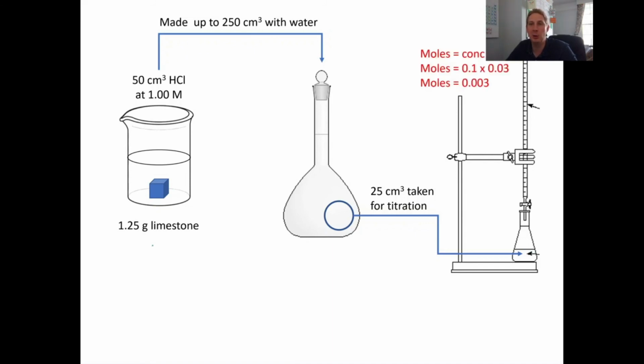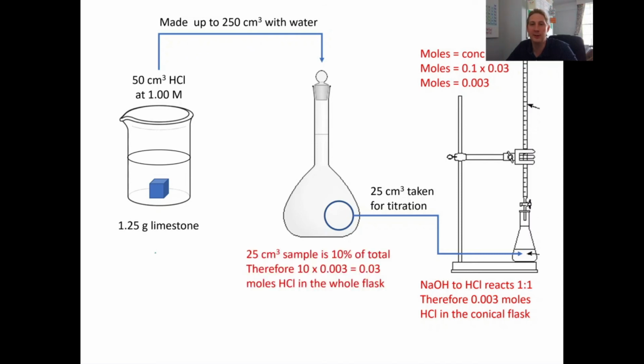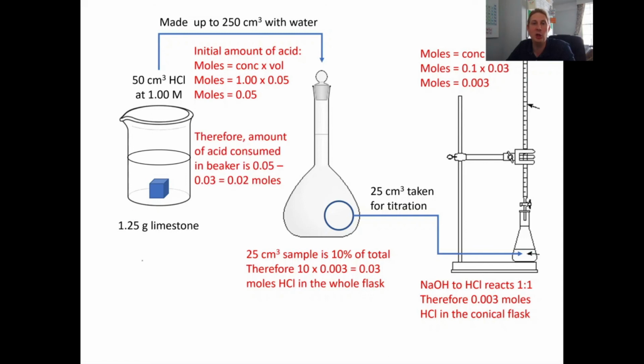Okay, moles of sodium hydroxide, 0.003. Therefore, moles of HCl in the conical flask, 0.003, 1-to-1 ratio. Therefore, moles in the volumetric flask is 10 times that, 0.03. We started on the left in the beaker with 0.05 moles of hydrochloric acid, so the amount used in the first reaction is 0.02 moles.